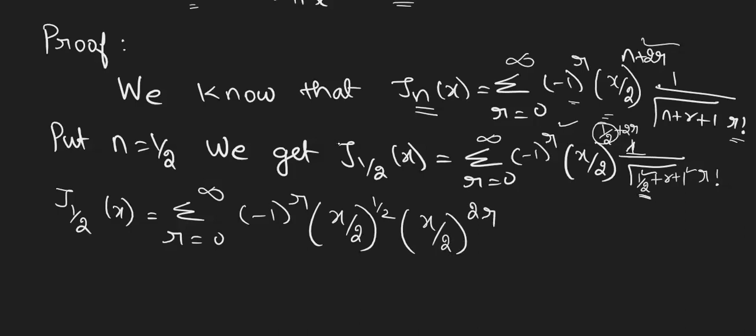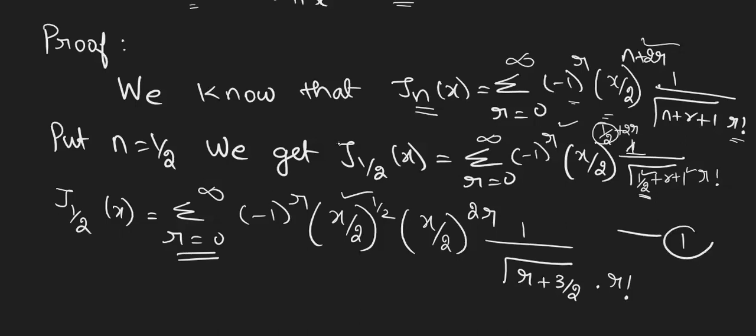Why? Because we are going to write the summation from r equal to 0 to infinity, so this is just a constant and I can keep it outside in the next step. So 1 by gamma of 1 by 2 plus 1 is 3 by 2, so r plus 3 by 2, into r factorial. Let this be the main equation. We just substituted n as 1 by 2 in this and we simplified.